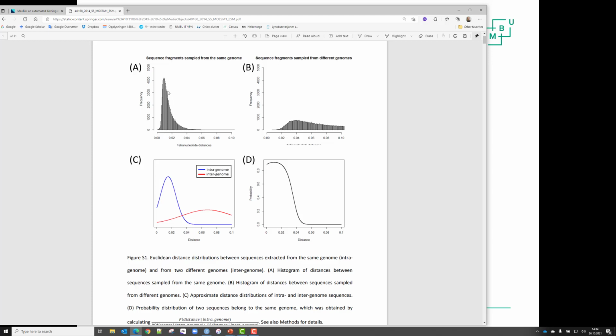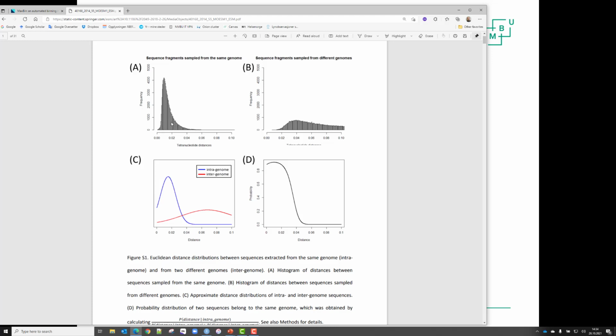And then they computed this Euclidean distance between the contigs from the same genome, and then made a histogram of all these distances. So here you can see the distances along the x-axis, and along here is how many contig pairs fall into the different bins or intervals, right? So they have pretty small intervals here, so the bars are pretty thin.